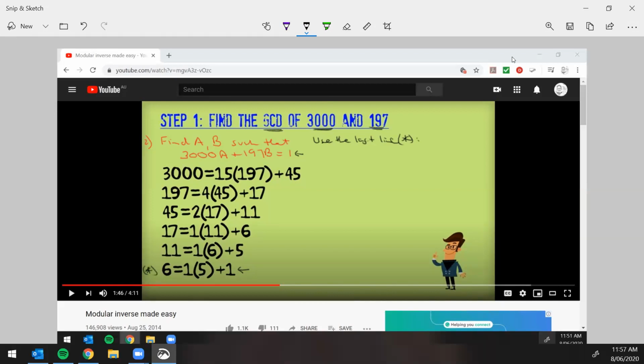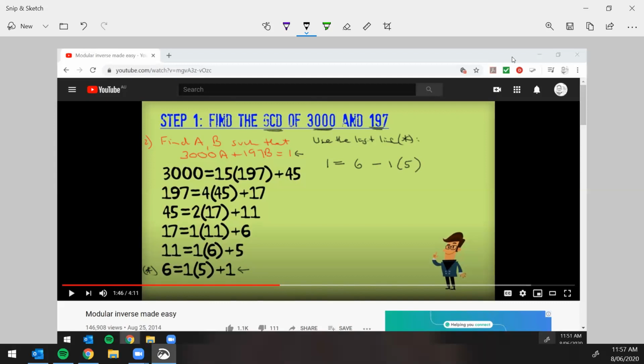So I'm going to start by putting the 1 here, because 1 is what I want. What is that? Because of this line here, I can say 1 is equal to 6 minus 1 times 5, which is pretty obvious even to a primary school student.